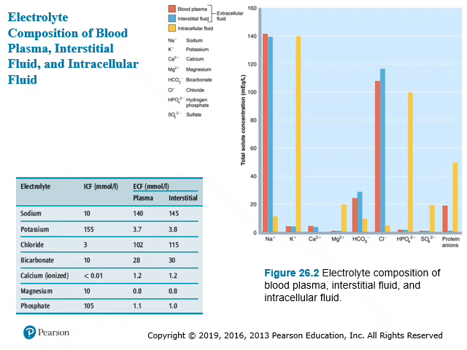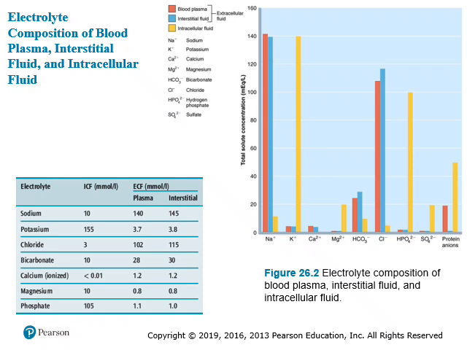So electrolyte concentrations are expressed in milliequivalents, and milliequivalents are just a measure of electrical charges per liter of solution. For single charged ions, such as sodium, 1 milliequivalent is equal to 1 milliosmol.